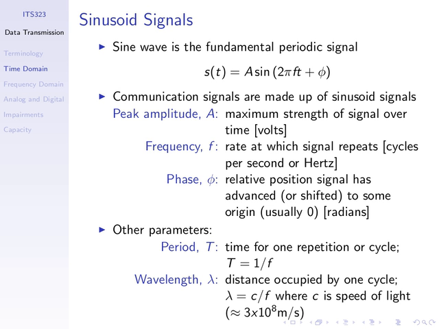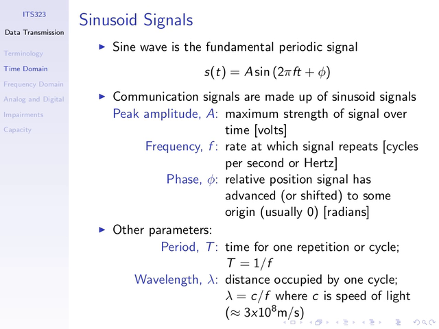So this is a mathematical representation of our sinusoid signal. And we'll use this later to create communication signals that are transmitted across links. So the basic form is the peak amplitude times sine of 2 pi f, the frequency, times the current time, t, plus phi, the phase. We know that period is the inverse of the frequency.